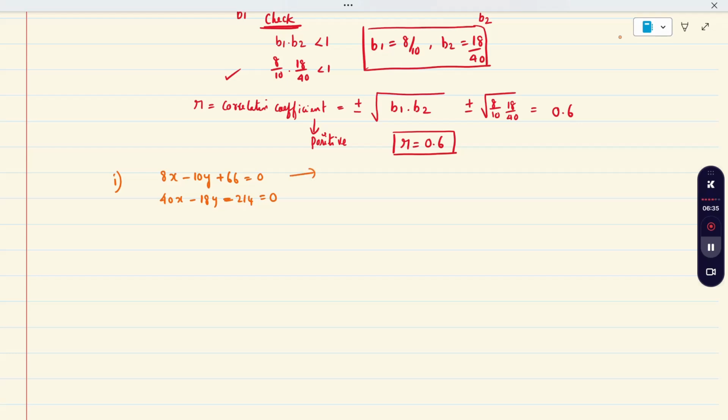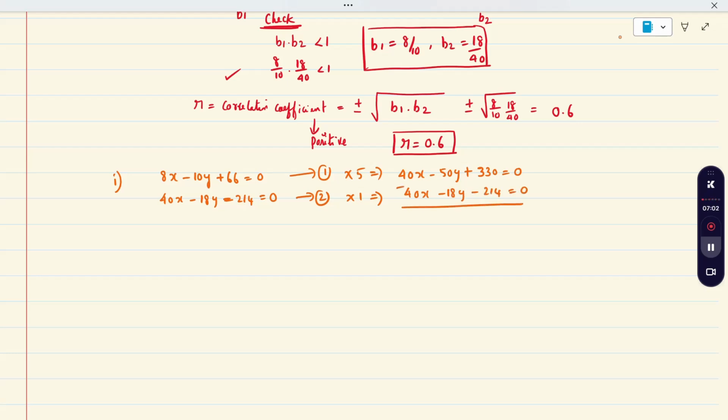So first equation into 5 and second equation into 1. It is nothing but 40x minus 50y plus 330 equal to 0. Same way, 40x minus 18y minus 214 equal to 0.